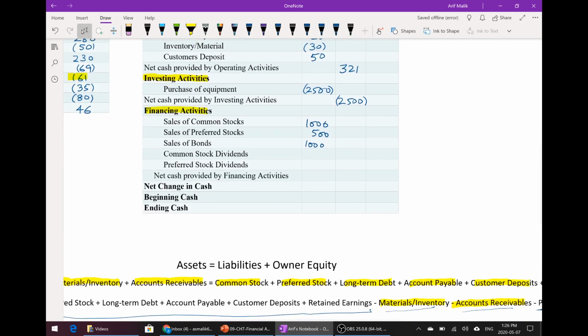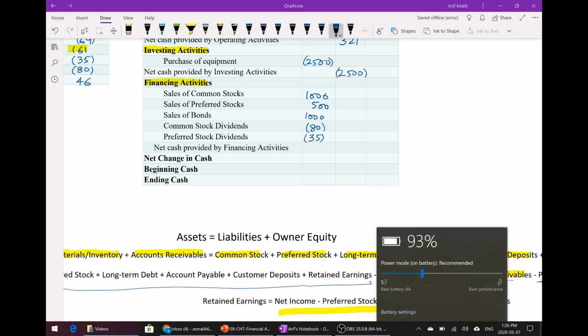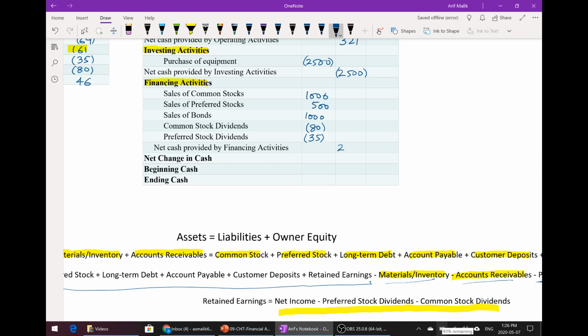The common stock dividends are then negative 80, and 35 are the preferred stock dividends. If we add all these financing activities, we get the net cash provided by financing activities as 2385.